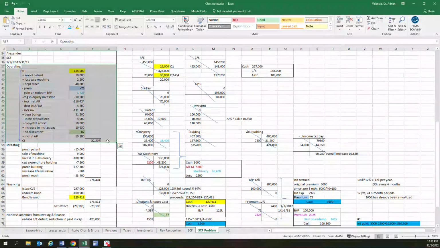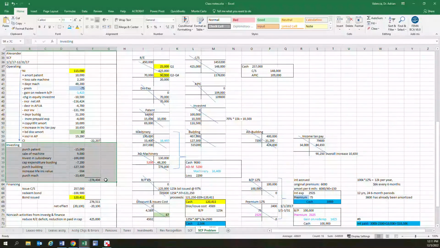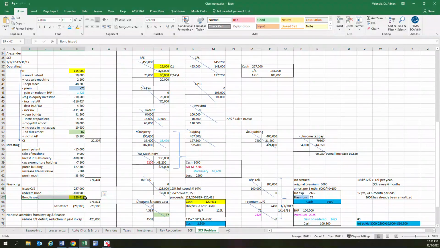We're using cash flows. We're also investing in a lot of things. We're using a lot of money to grow, maybe. And where are we getting all this money from? Well, notice we're issuing stock, we're issuing bonds, and that's how we're generating cash flows to be able to operate and to invest, right? Very, very valuable financial statement.